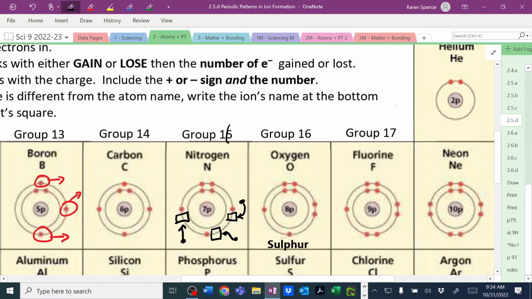Yeah, group 15 has 5 valence electrons. How many valence electrons does group 13 have? 3 valence electrons. How many valence electrons does group 16 have? 6. Can I just write VE for valence electrons?